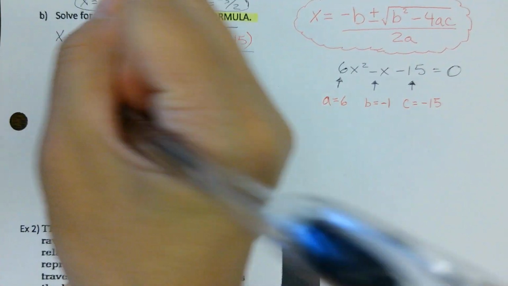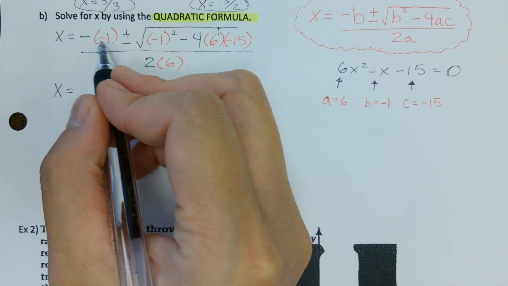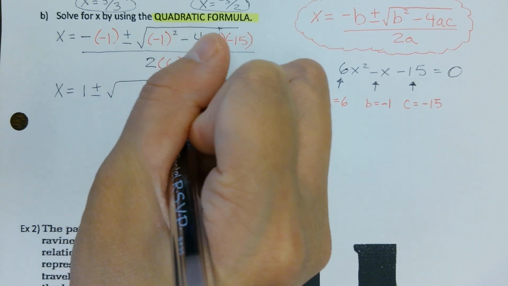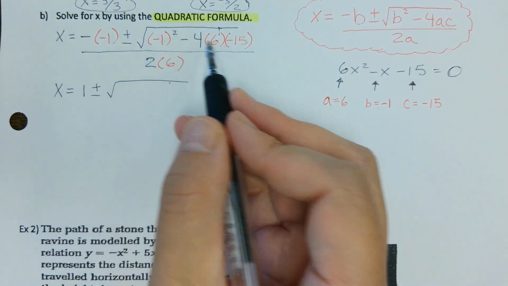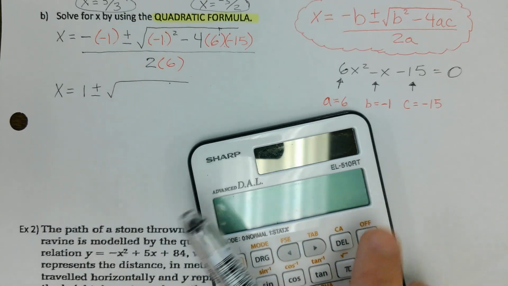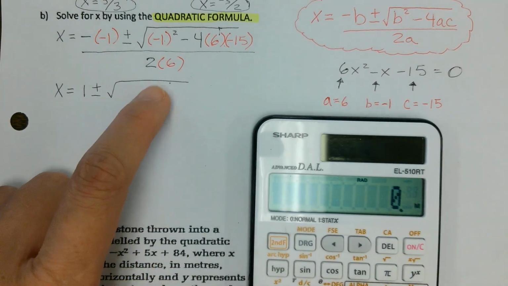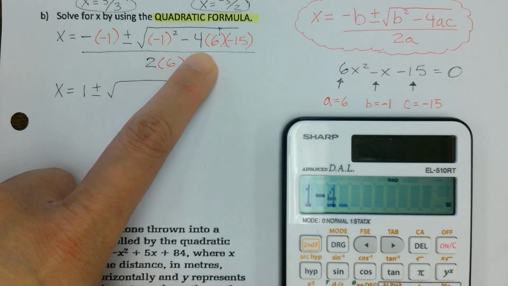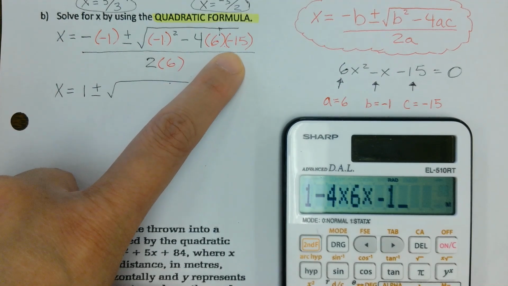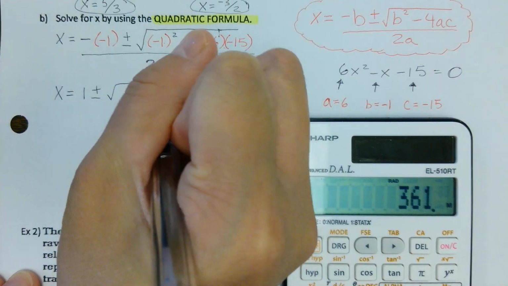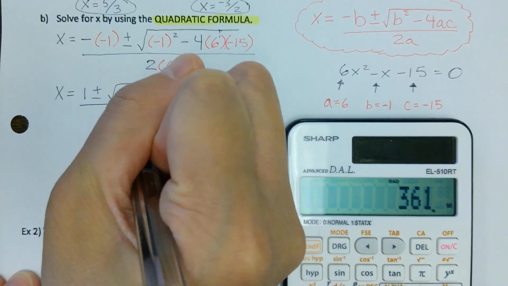Okay. So x equals negative times -1 gives you 1, plus or minus square root. Do this part in your calculator. This is all just numbers. So it looks like a whole bunch of numbers, but it's better than having a bunch of variables. So -1 squared is 1 minus 4 times 6 times -15, and you get 361 over 12.